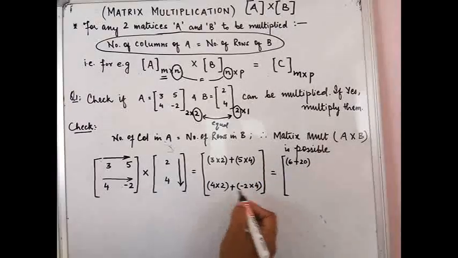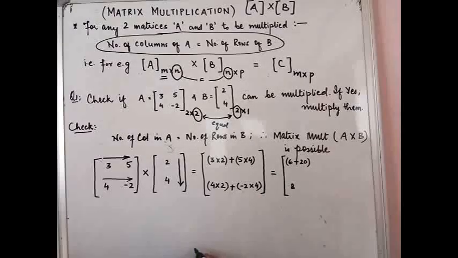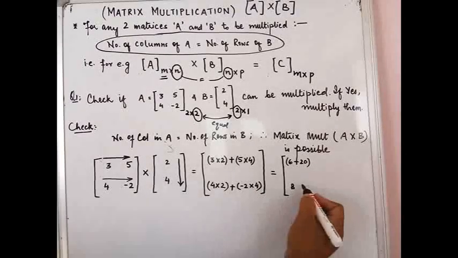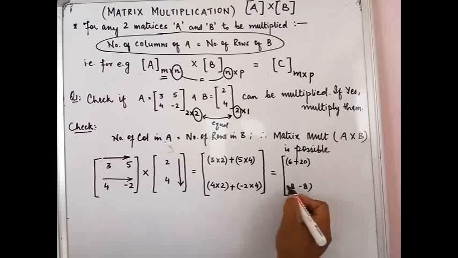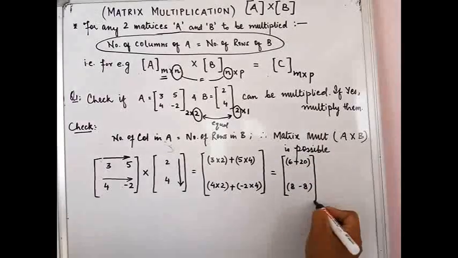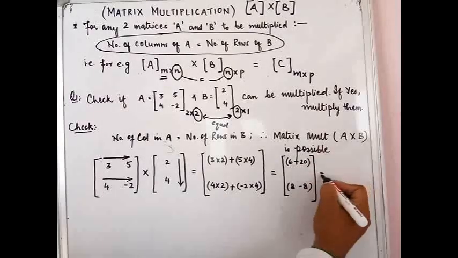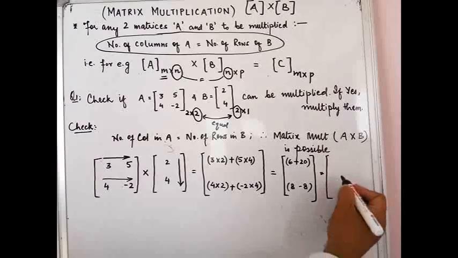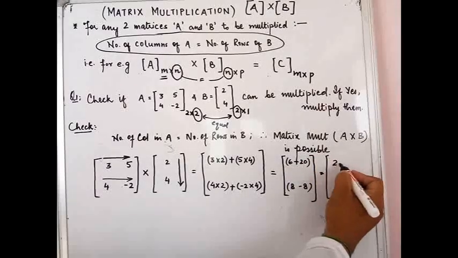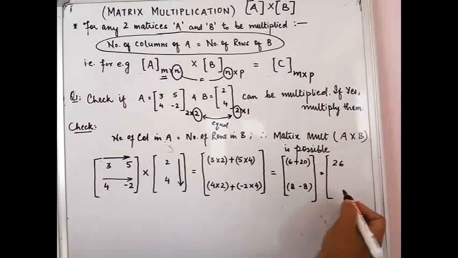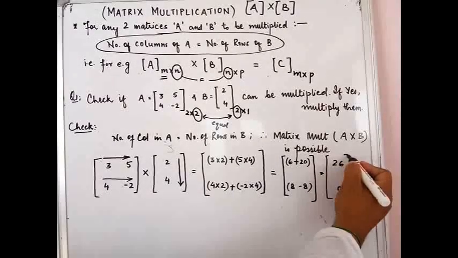Similarly over here, 4 into 2 will give you an 8, and 4 into minus 2 will give you a minus 8. So the last possible step that you have here is 20 plus 6 will give you a 26, and 8 minus 8 will give you a 0.